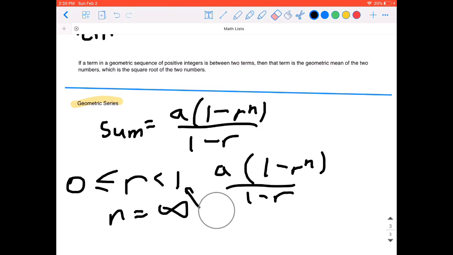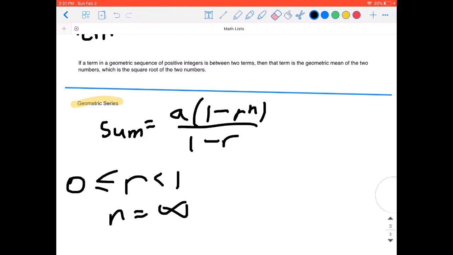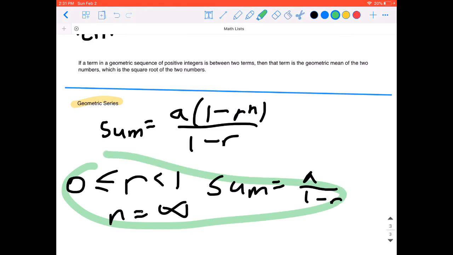So don't dispute that in competition, first of all. And second of all, r to the n simply becomes 0. So we have a over 1 minus r. If these conditions are satisfied, the sum is a over 1 minus r. And this part is for infinite series.